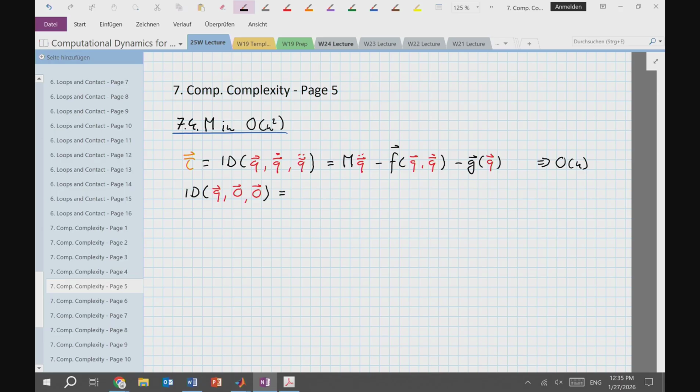It's a similar idea, where we computed accelerations and then set q double dot to 0. Here's a similar idea. I compute joint torques tau, and then set q dot and q double dot to 0. So, right. So if I set q dot and q double dot to 0, I can look at this, and I know that this will remove this guy here. This will be 0. And what I get when I evaluate ID of q, 0, 0, I get minus g of q. So in a controller where you do gravity compensation, right, using this recursive Newton-Euler algorithm can be quite useful.